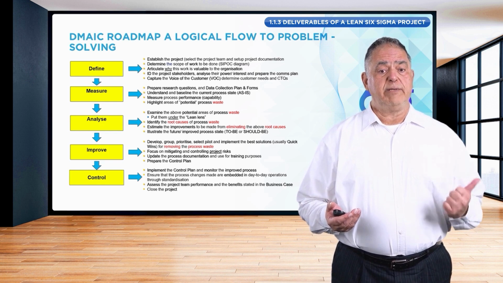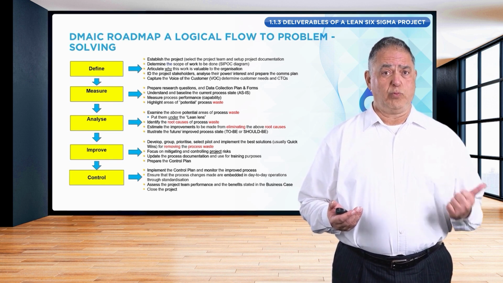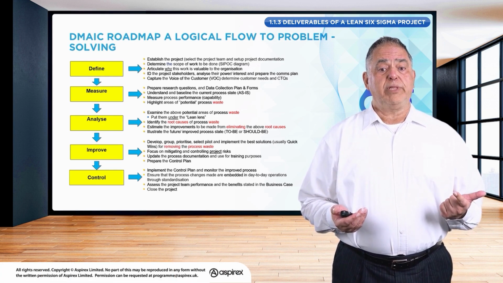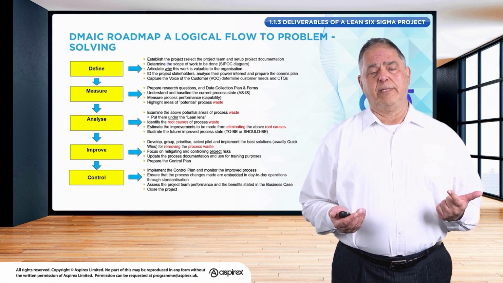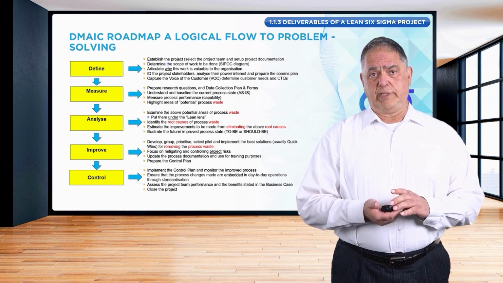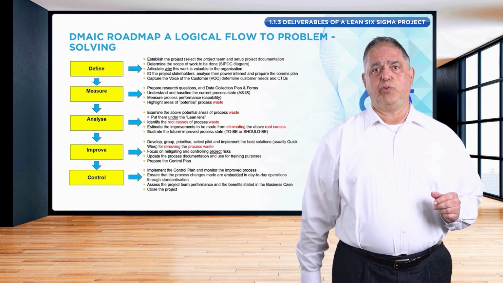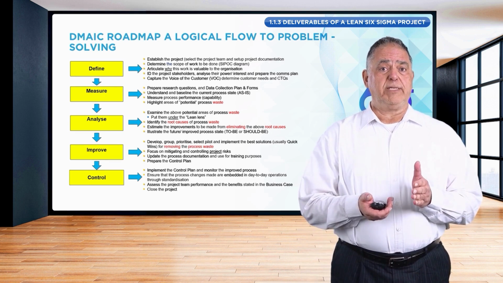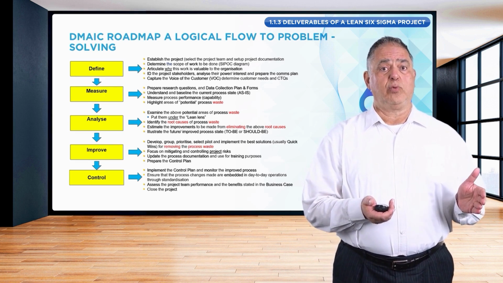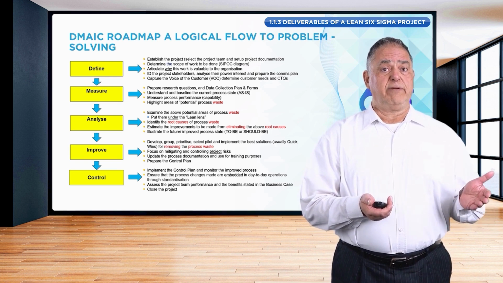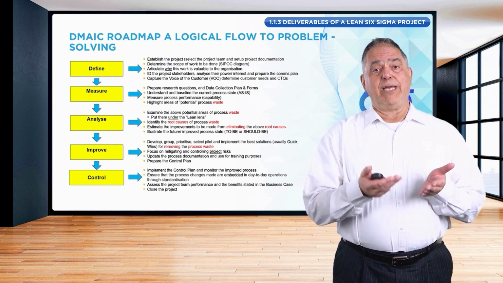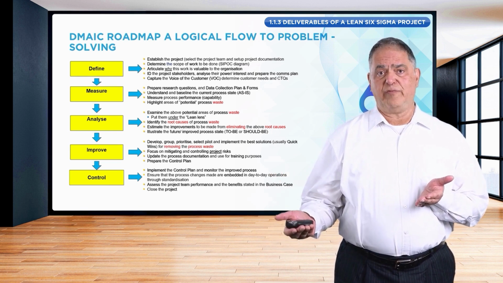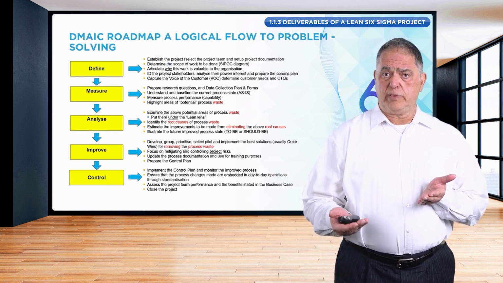So we examine the potential areas of process waste one by one. We put them under the Lean lens. And this is an expression that we use in Lean Six Sigma in order to differentiate between waste that is necessary, in other words, it is necessary for the business, for example, and waste that should be eliminated because it adds no value to either the customer or the business.